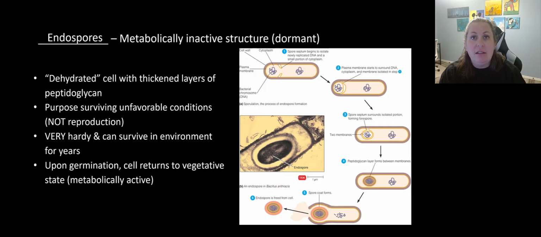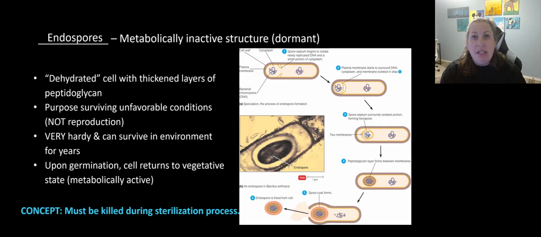They're just surviving. Once conditions are good again, they can actually start germination again, which means the cells can return to their vegetative state and they can actively start to do their metabolism and actively reproduce again. All right, so this is a kind of defense mechanism that some bacteria have when conditions are not good.